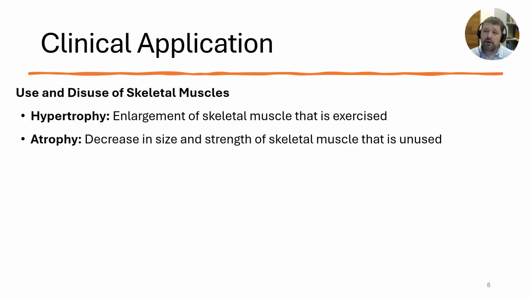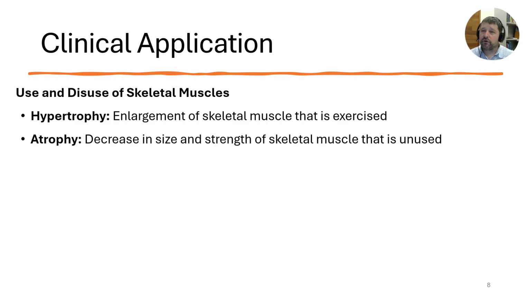So you can go through hypertrophy and enlarge your skeletal muscles, or atrophy, and decrease the muscles, and that will decrease the size of your skeletal muscles because they're not being used.